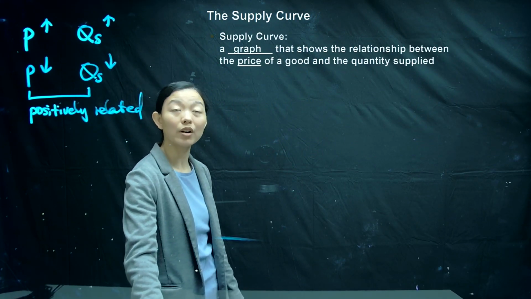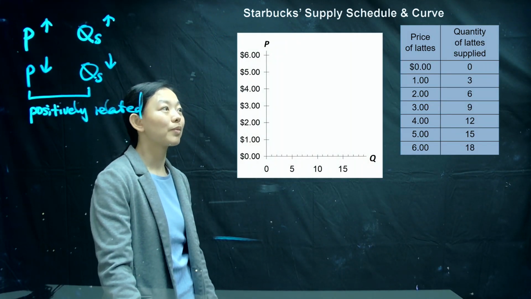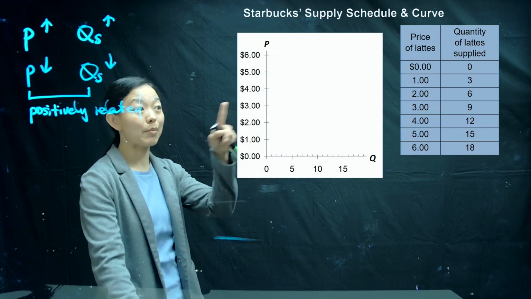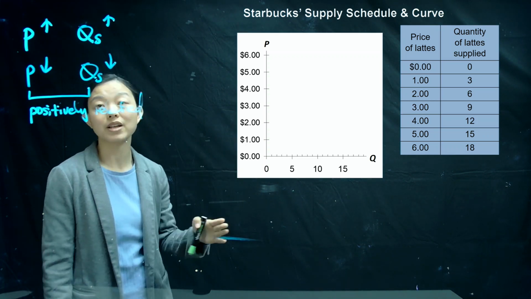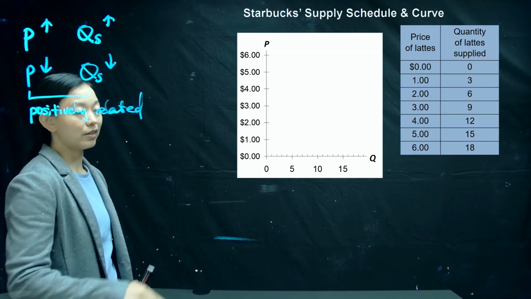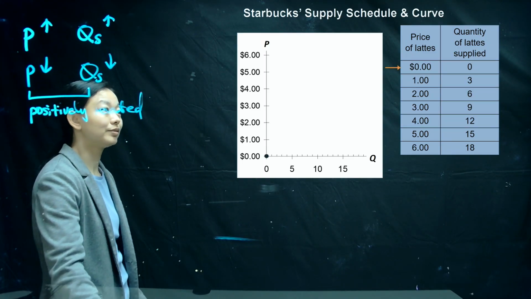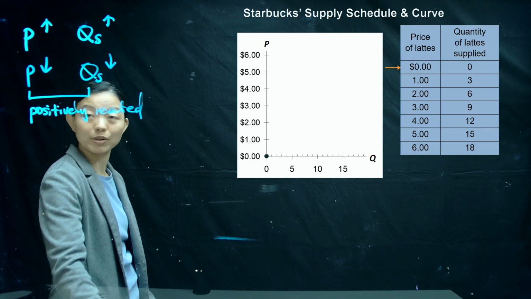And based on this, we can also draw a supply curve. So you can see here on this two-dimensional graph, I put the quantity on the horizontal axis and price on the vertical axis. We can just mark those points on this graph. When the price is 0, no lattes will be available from Starbucks.